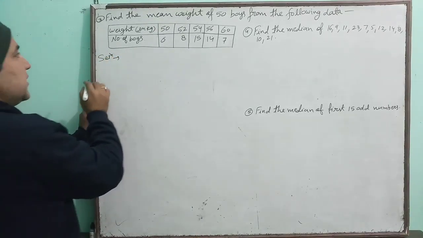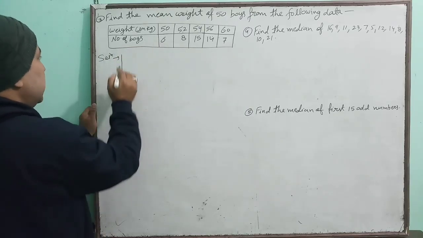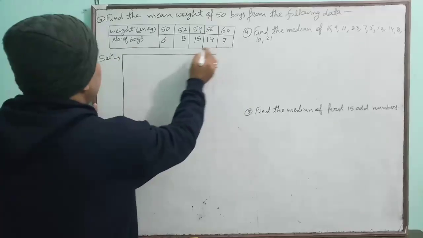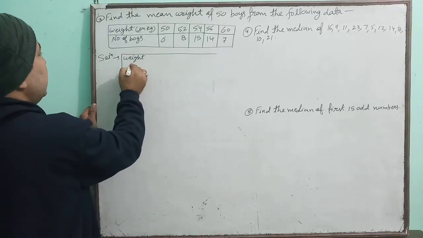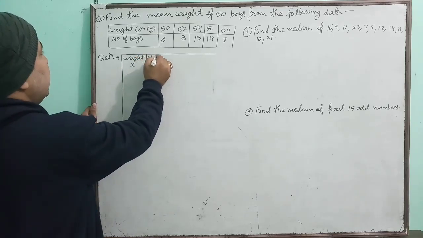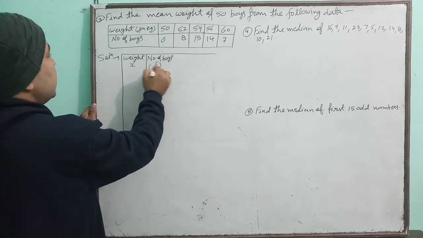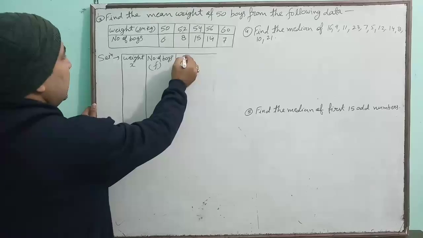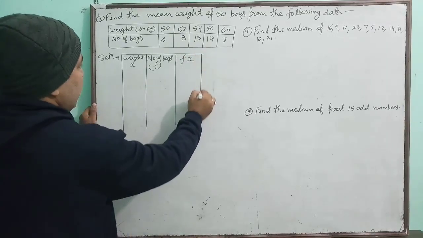See here. Children, you can see there are 2 columns given in the question, but in your solution you will make 3. The first one is weight, which will be called X, observations. Second is number of boys, that will be the frequency F. And the third one will be the product of frequency and observation.